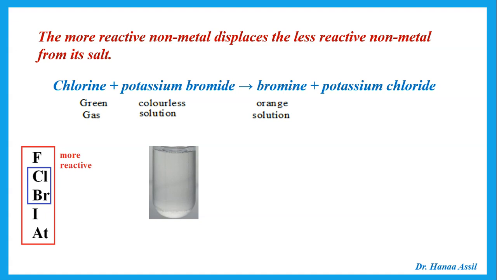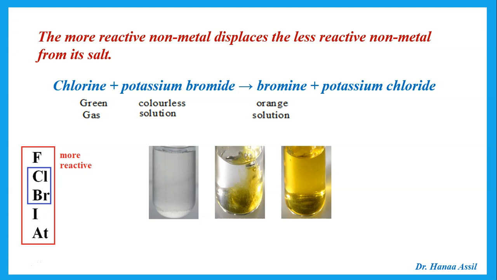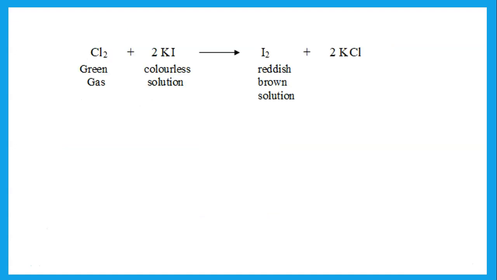Now, when we add chlorine, the chlorine will displace the bromine. So we start to form bromine, and you should realize bromine is an orange solution. So slowly the colorless solution becomes orange. And that is because what we're forming is bromine plus potassium chloride.